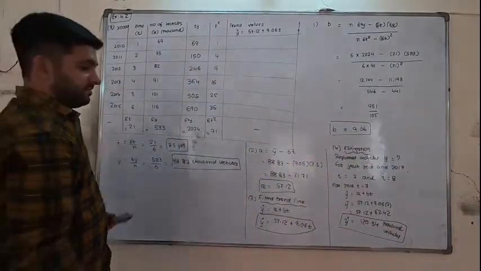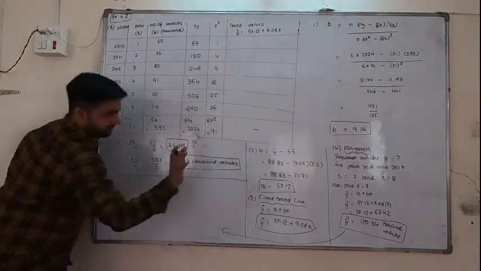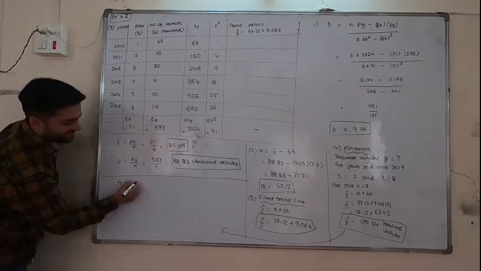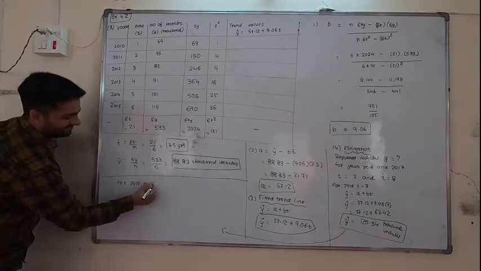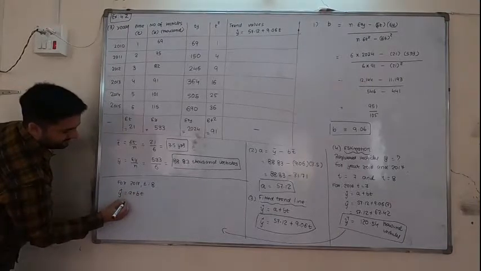One more is there. For 2017, T is equal to 8, Y cap is a plus bt.